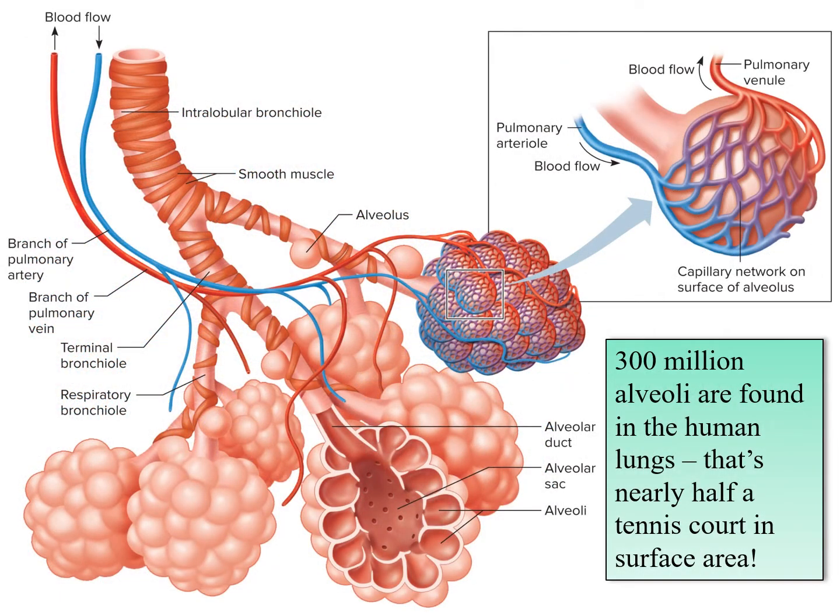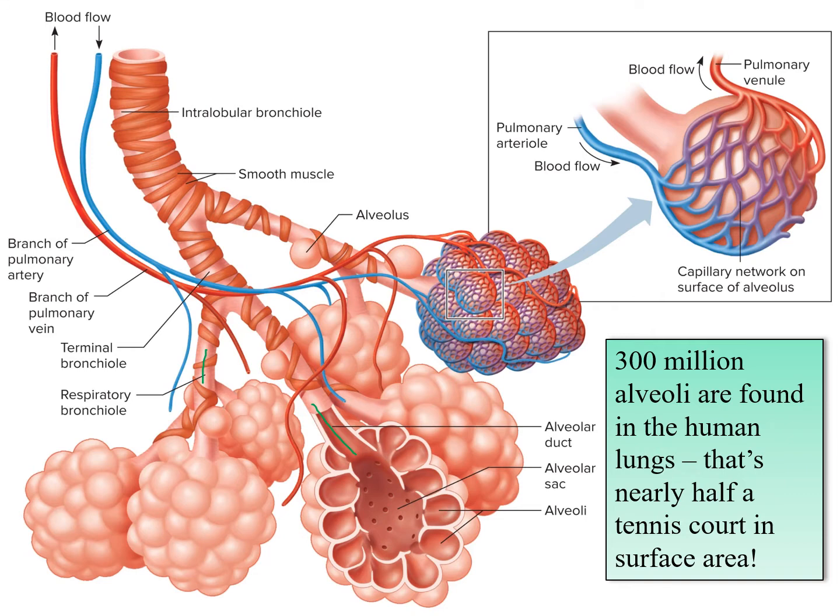So here we are back at the alveolar ducts, branching, remember, into the little microscopic air sacs, the alveoli. I want you to pay attention to the fact that the surface of these alveoli is covered by blood vessels.